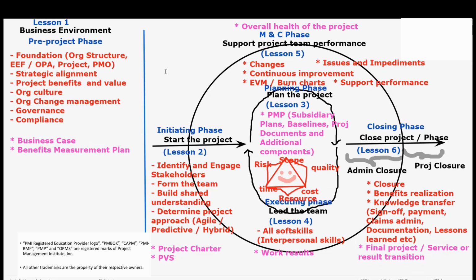So while you have started with your project itself, you will also simultaneously start with the monitoring and controlling phase. So this is how our seventh edition of PMBOK has organized the lessons. So have this overall bigger picture in mind so that it will be easier when we are going through them individually.